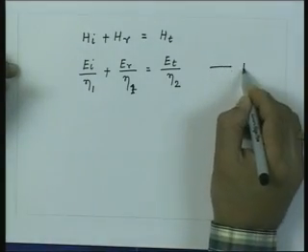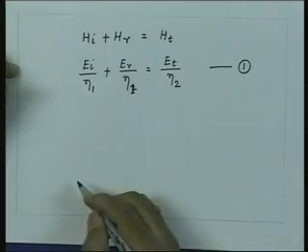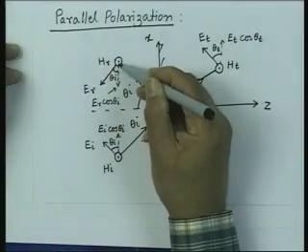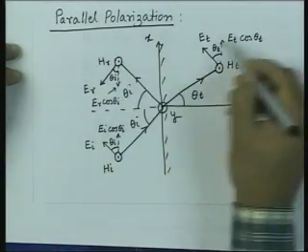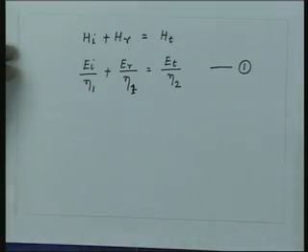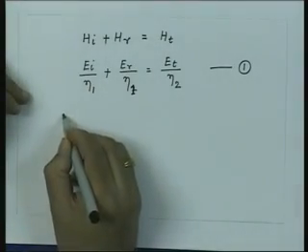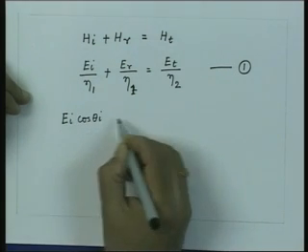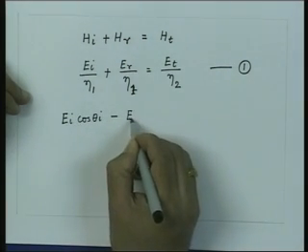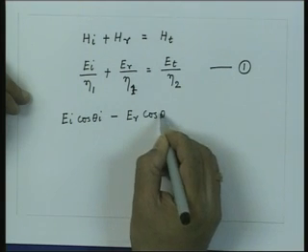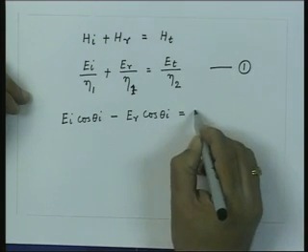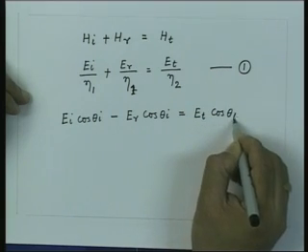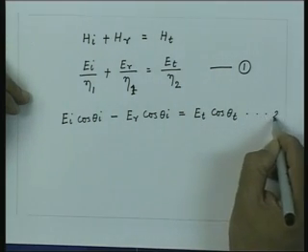So, this is your one equation, and then I have for the electric field, Ei cos theta I minus Er cos theta I, that is equal to Et cos theta t. That is your second equation.